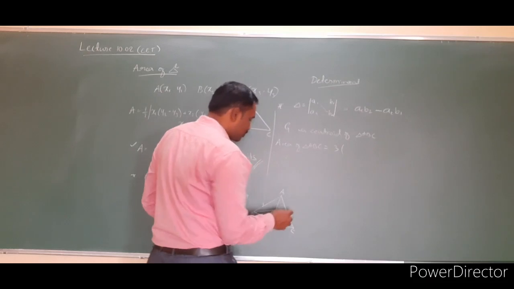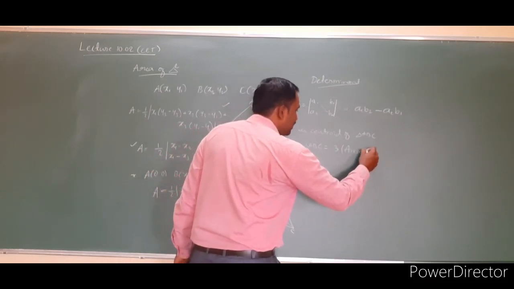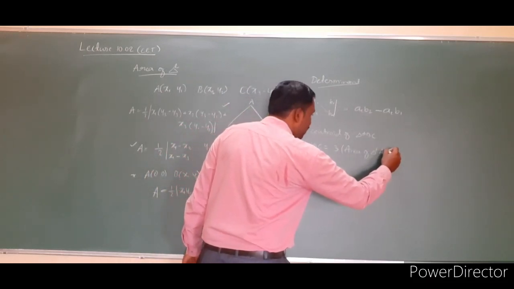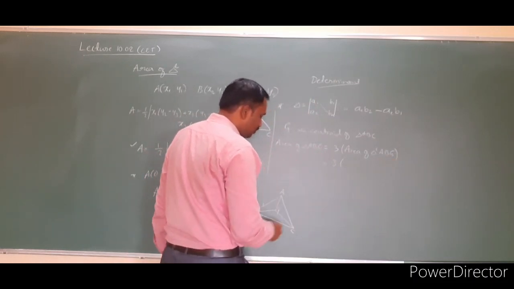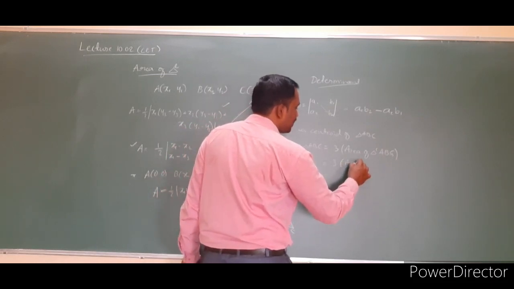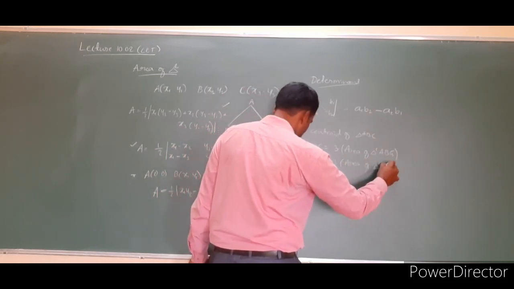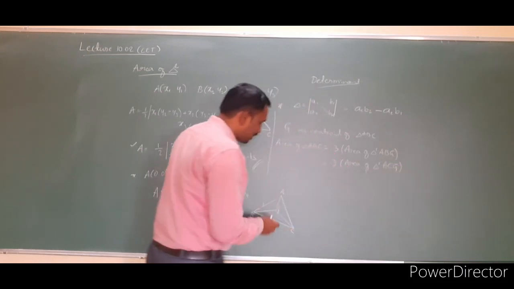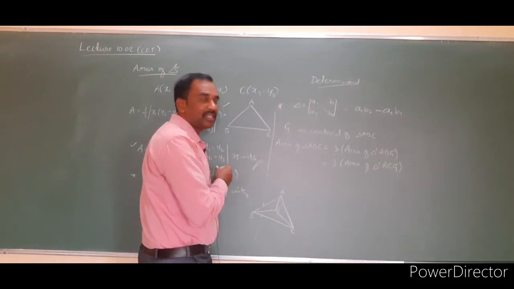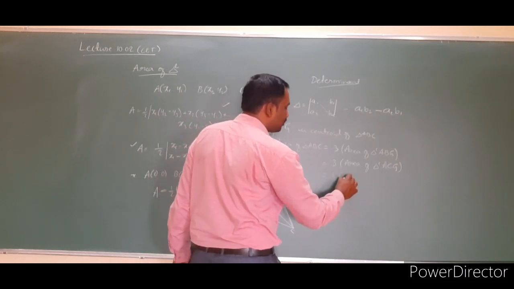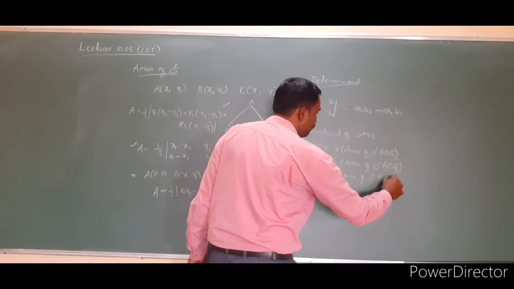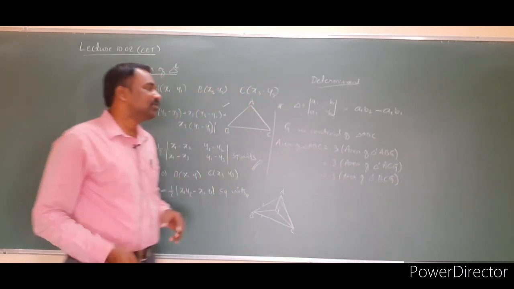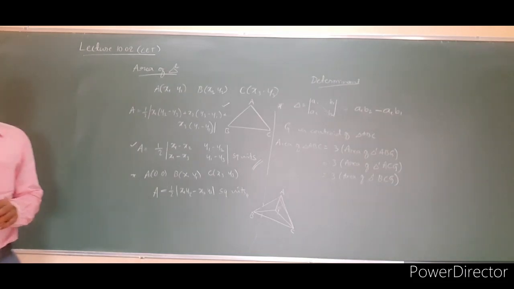So we can find the area of the required triangle ABC as 3 times the area of the triangle ABG, or 3 times the area of the triangle ACG, or else 3 times the area of the triangle BCG. In this manner also we can find the area of the triangle.